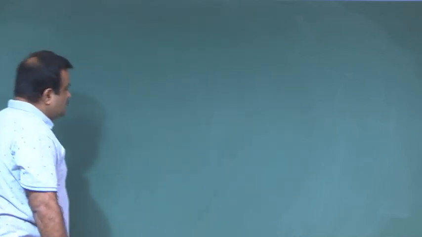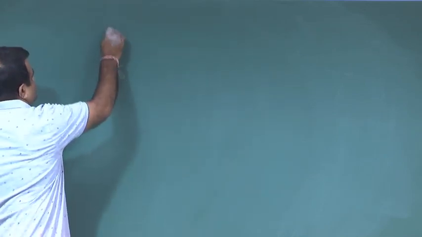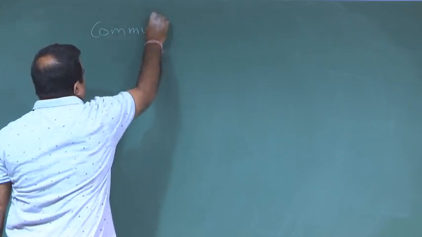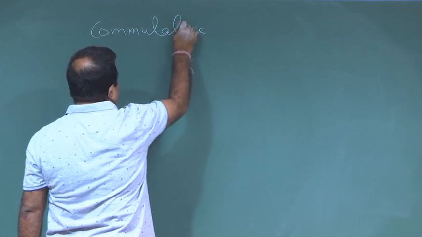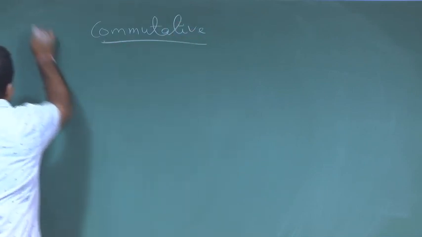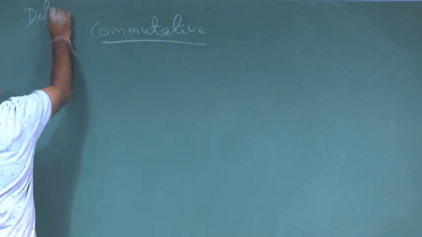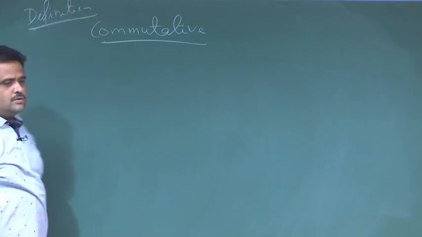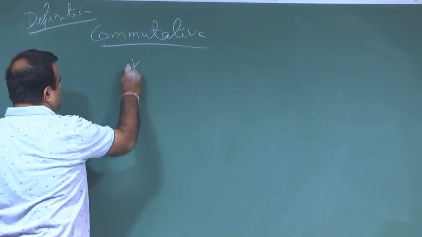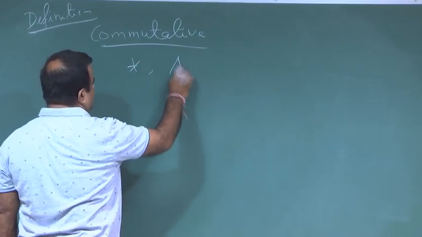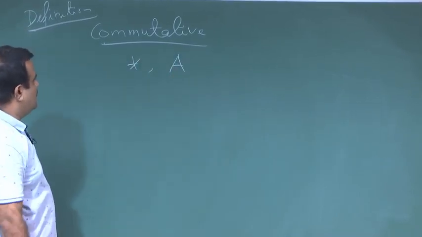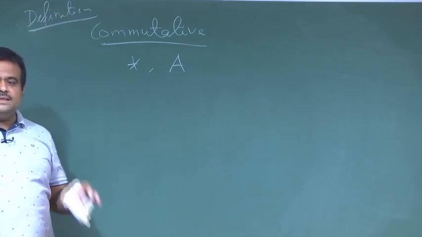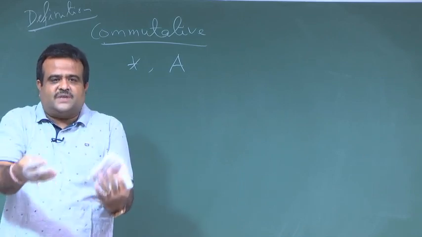Now we say an operator is commutative. This is the definition. Suppose we have an operator star on the set A. It takes two elements from A, operates with star, and gives an element.